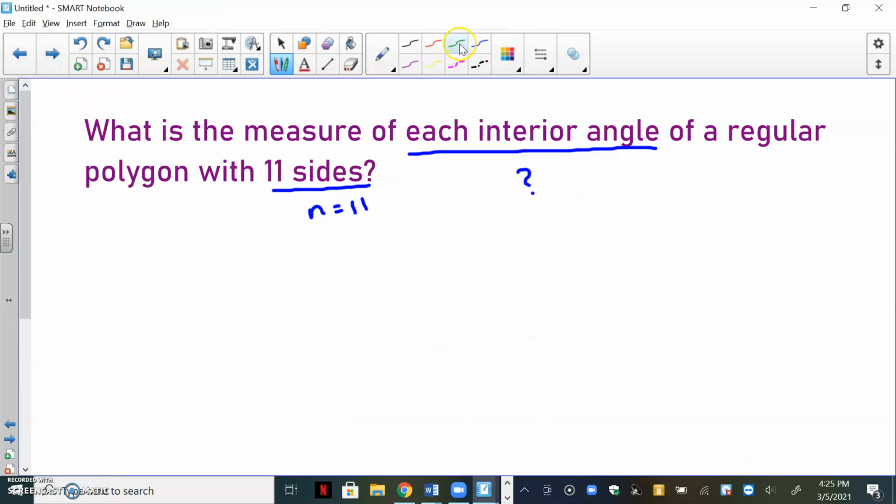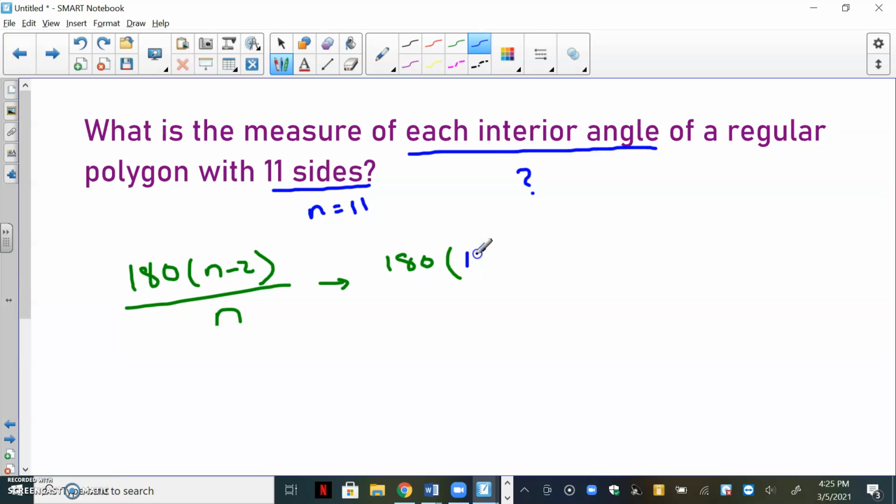So we need to use our formula of 180 times n minus 2 over n, right? So we will plug in our n, which is 11, and then you just need to calculate.